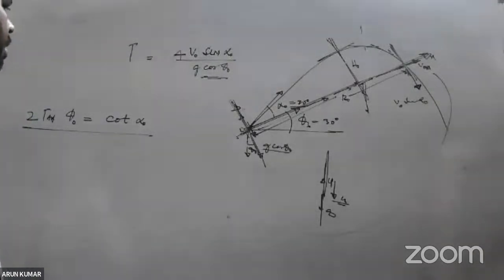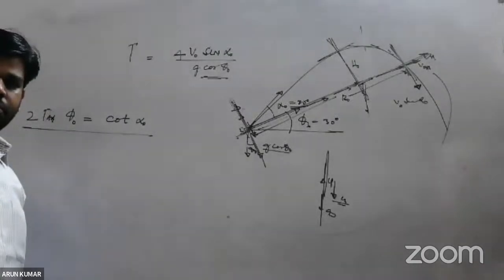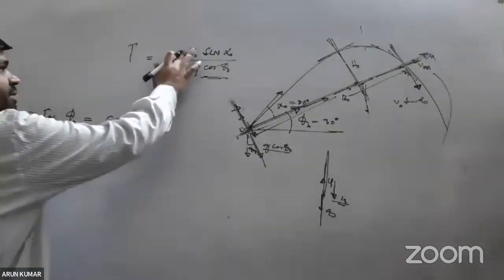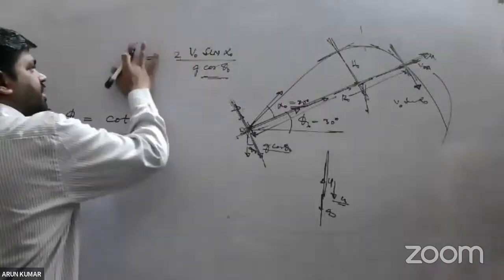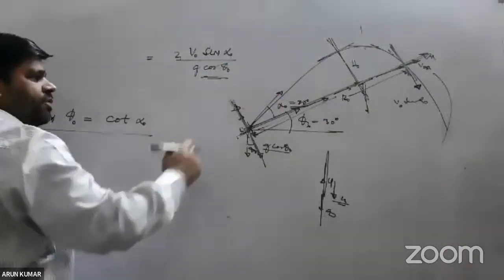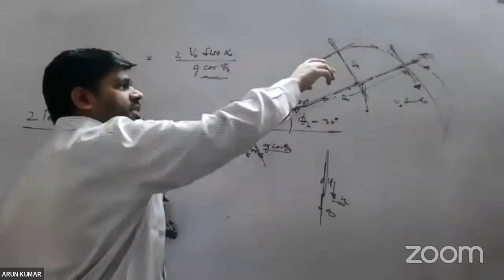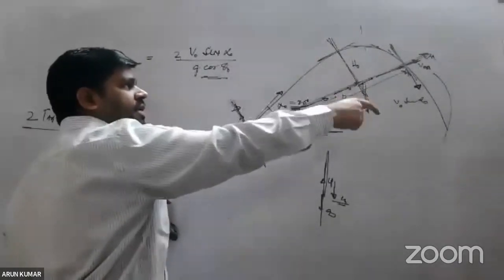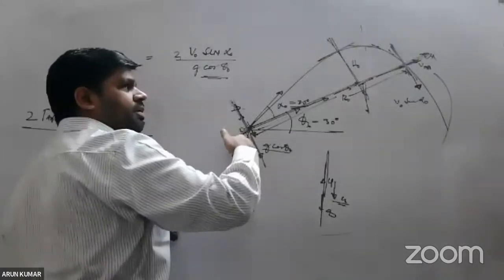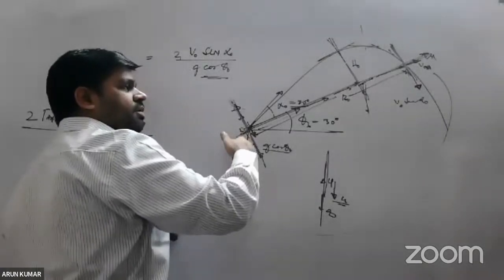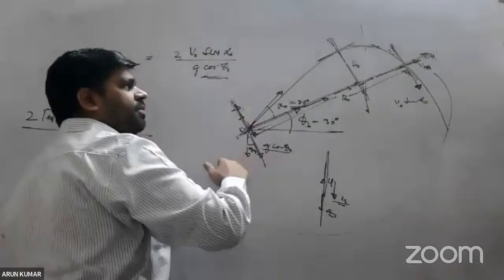Sir, why did you take four? See, time of flight is 2... He is asking after what time will it come back to the point of launch. I have projected a particle from here. Because the collision is elastic, it will hit perpendicularly there and it will come back to its own hand. So what is the total time?